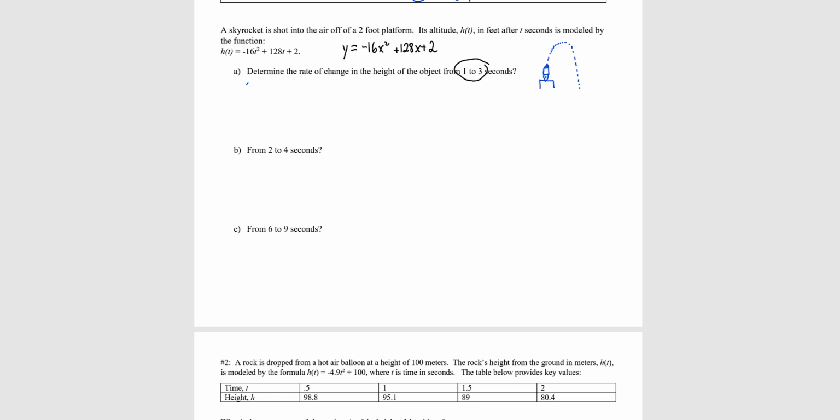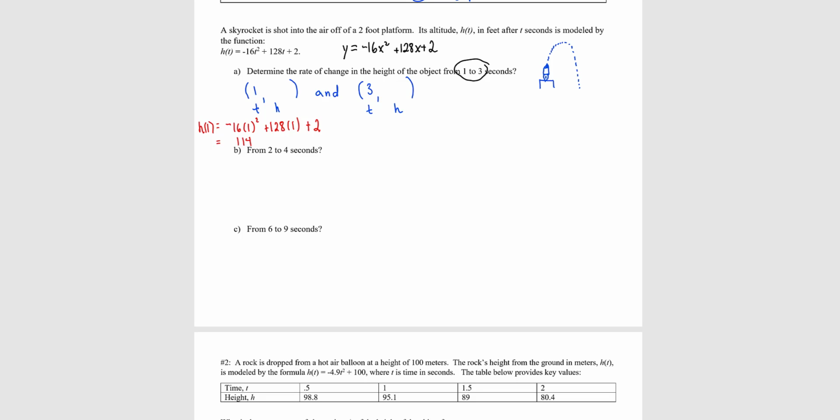So they give us the t variable, and we need to come up with the corresponding height at 1 second. And they also give us another time of 3 seconds, and we need to find the corresponding height at 3 seconds. So this is a simple substitution into the equation.